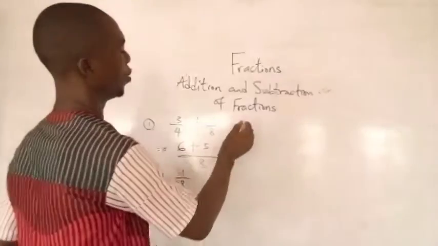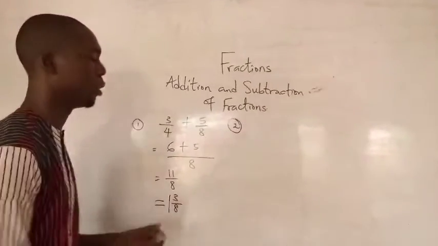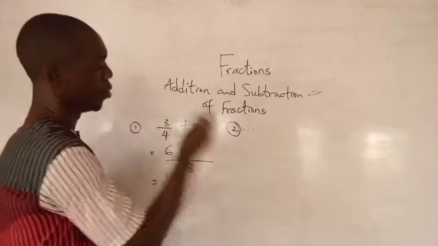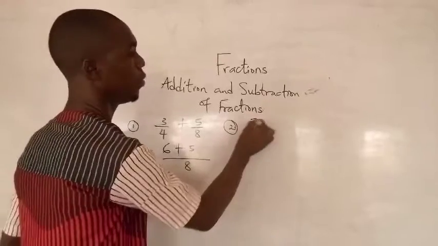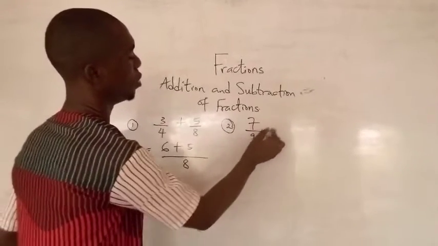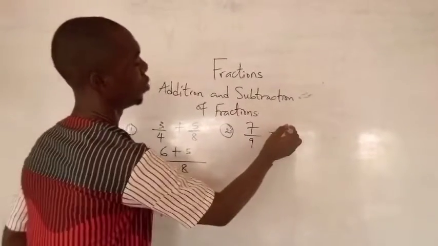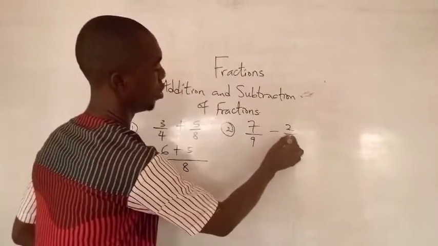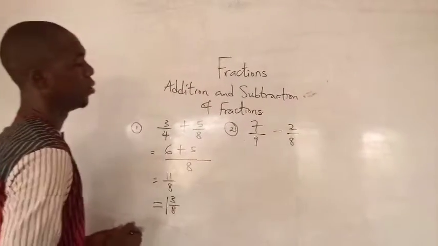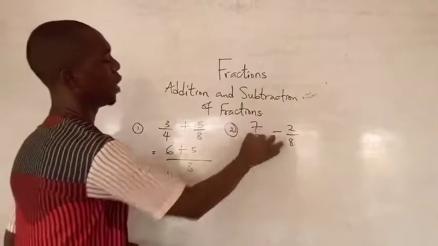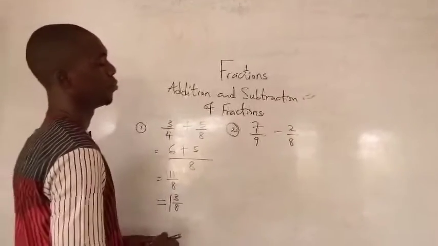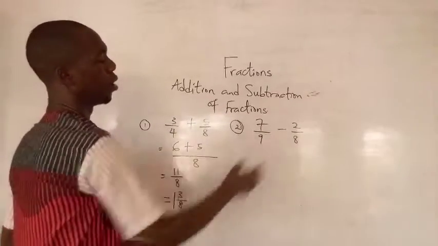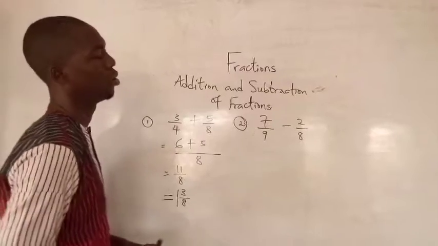Let's take another one. When you have 7 over 9 minus 2 over 8. Now, if you look at this, 7 over 9 minus 2 over 8. How do we do the subtraction?